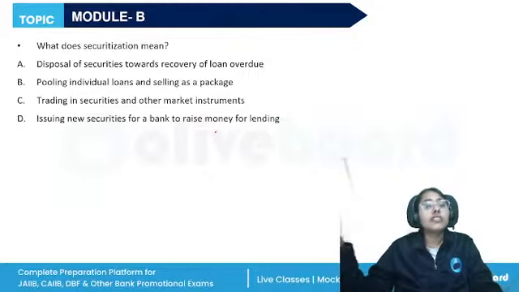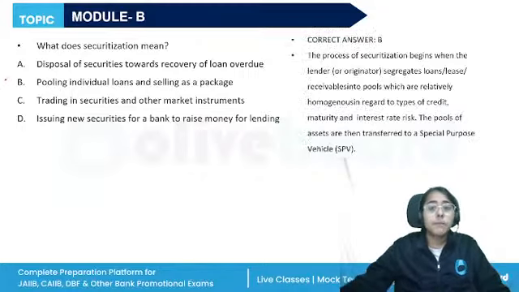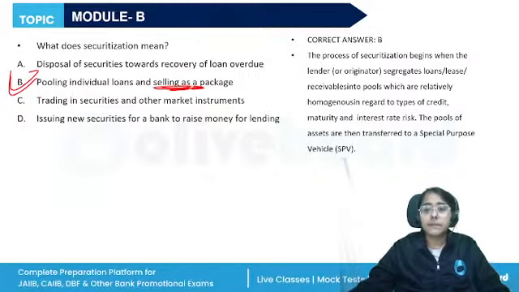Then what is the meaning of securitization? Definitions are given in the securitization, like what is the meaning of obligor, originator, securitization, SPV, and sponsor. So the definition of securitization means pooling of individual loans and selling as a package.